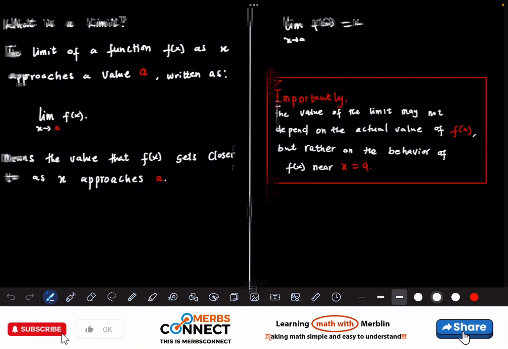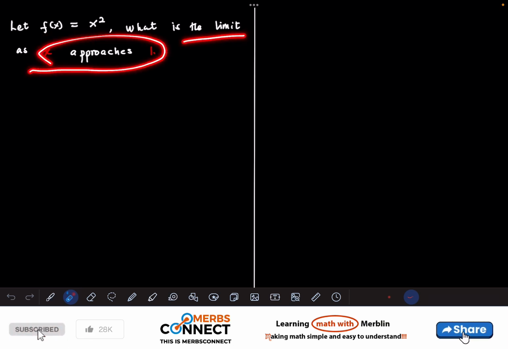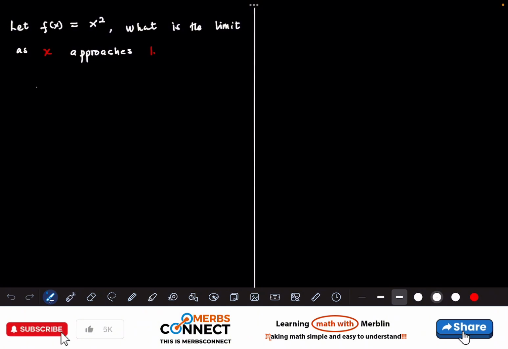Let's assume that we have f of x equal to x squared. What is the limit as x is approaching 1? This can be written as the limit as x approaches 1 of f of x, and since f of x is x squared, we have the limit as x approaches 1 of x squared.